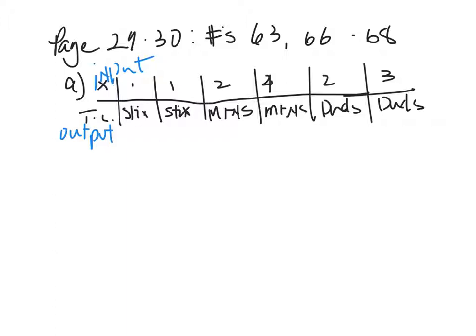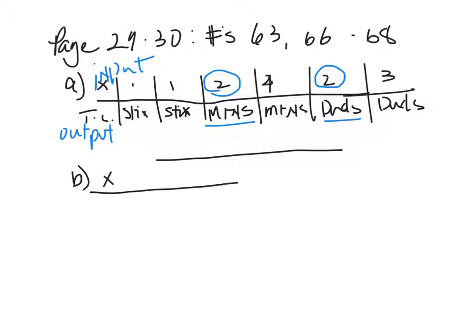Does it have a unique output for every input? Let me direct your attention to what happens when I press 2. Here I get a mysterious candy called M&M's, and over here when I press 2 I get duds. What does that mean? If it means it's not a function, that's what you need to list here. Not a function.